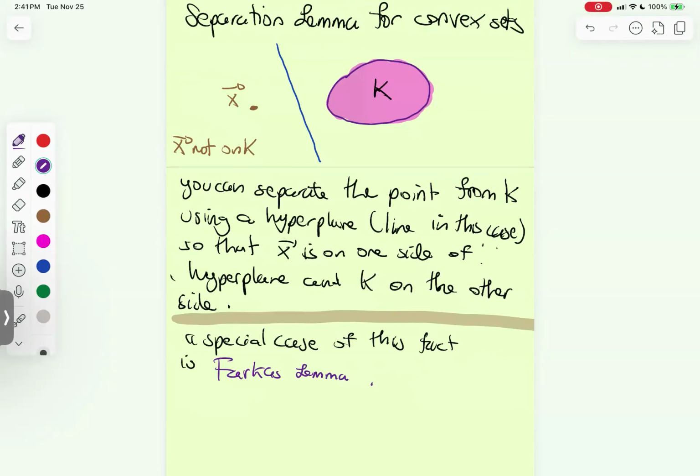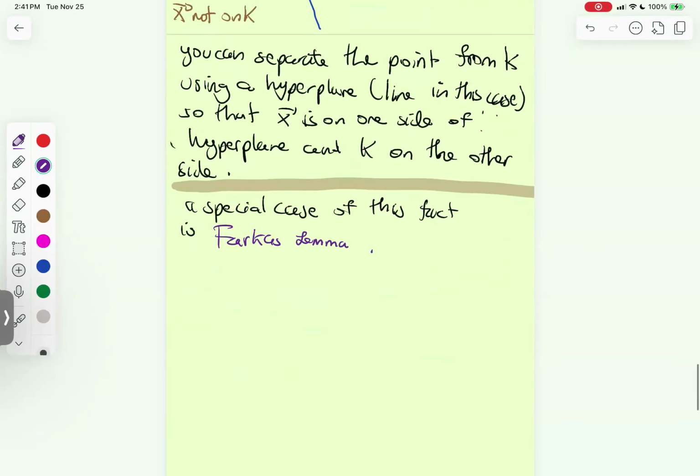For discussing Farkas lemma, we have to talk about what the cone generated by vectors is. Let me talk about that first.